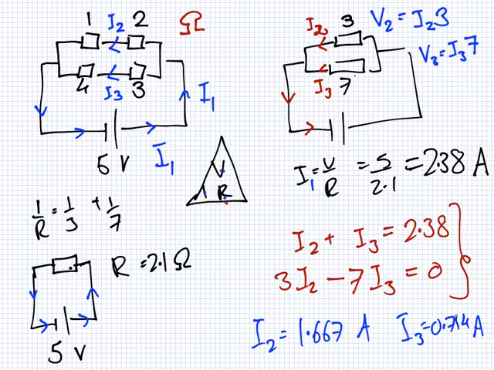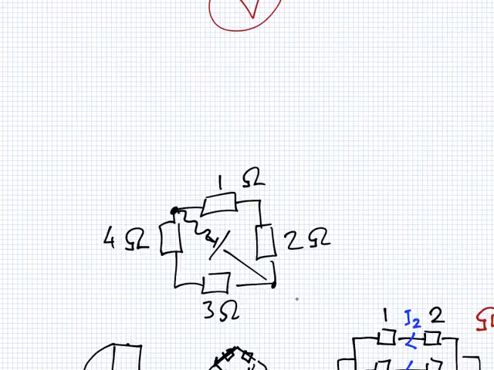So now we can go back to the original picture and draw these currents in. The current here between 1 and 2 is 1.667. So this one here is 1.667 amps.